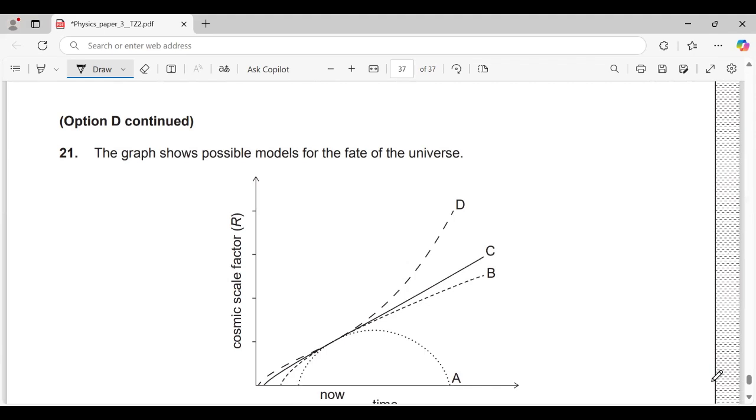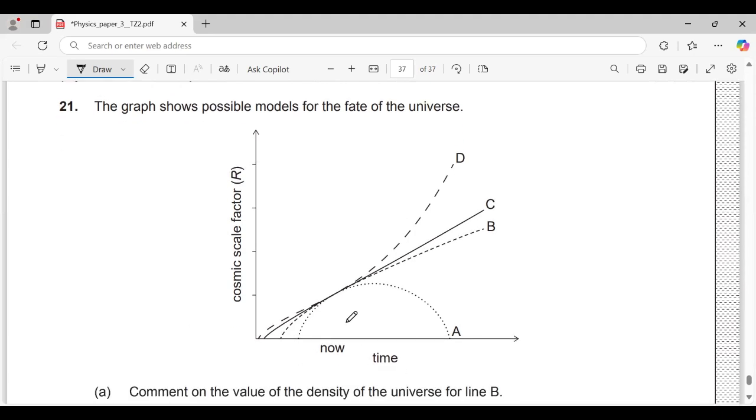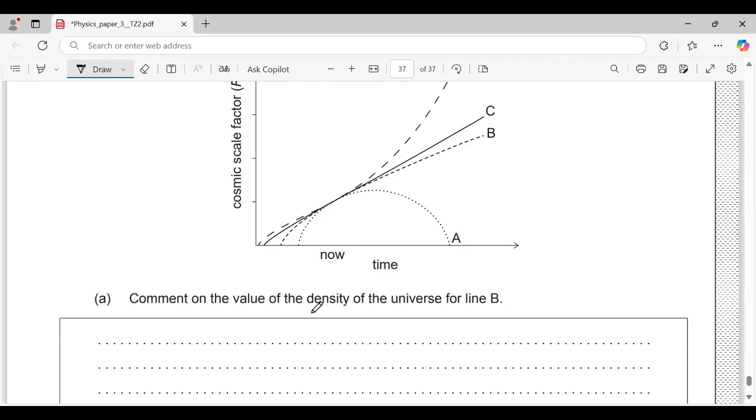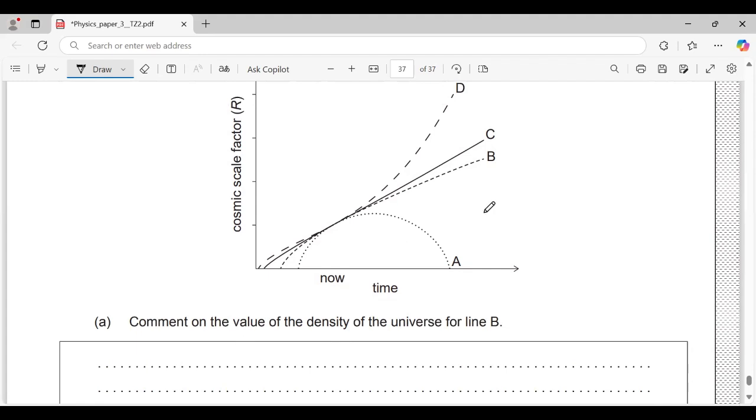Question 21. The graph shows possible models for the fate of the universe. This is the graph, with the axis for time and the cosmic scale factor axis. Comment on the value of the density of the universe for line B. Actually, B is not a straight line; it is a curve.